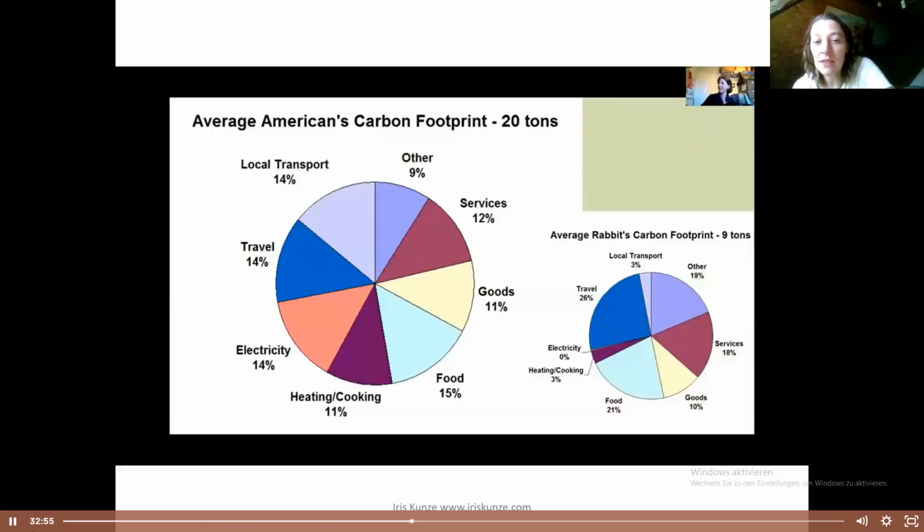So here you see a survey comparing the average American's carbon footprint per person. Here it's 20 tons, in all these different areas, and an average Dancing Rabbit person just uses 9 tons, so that's less than half.